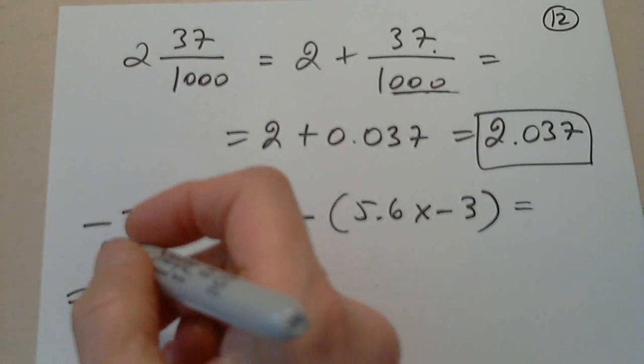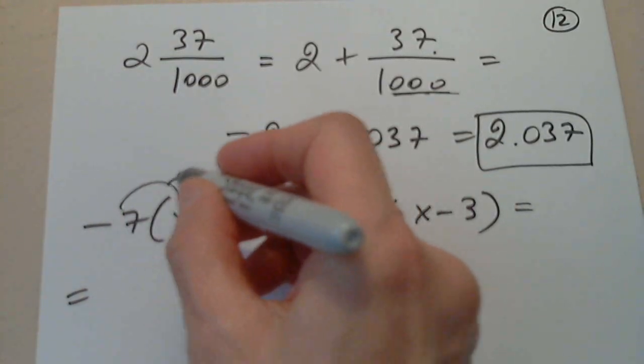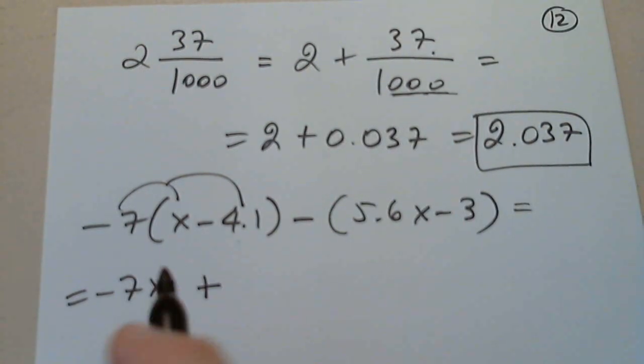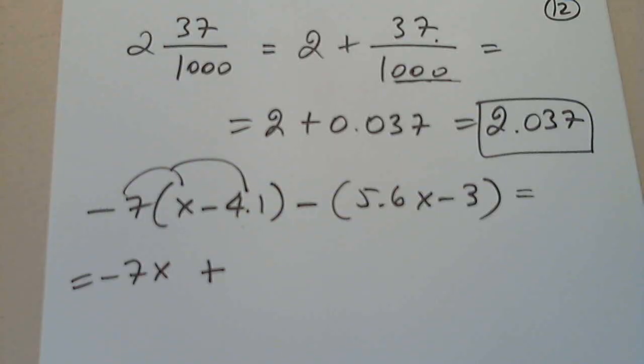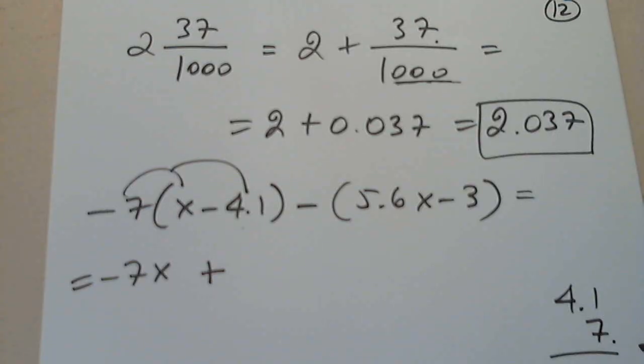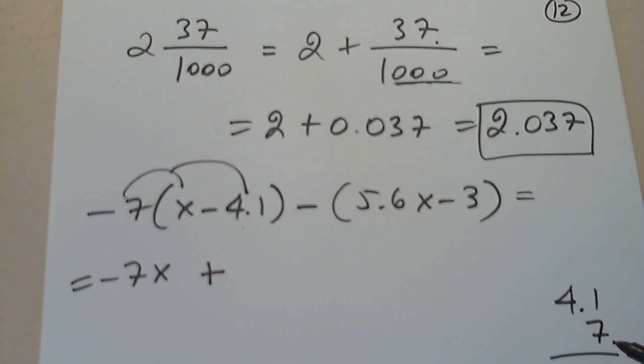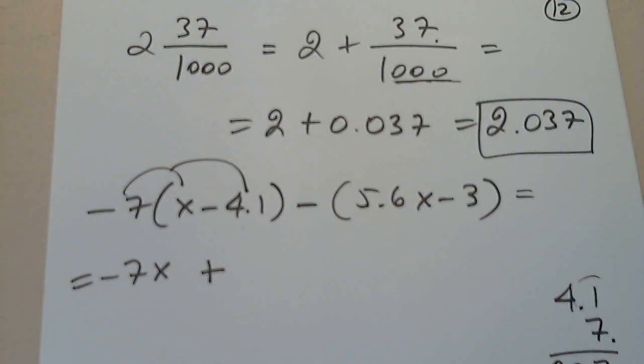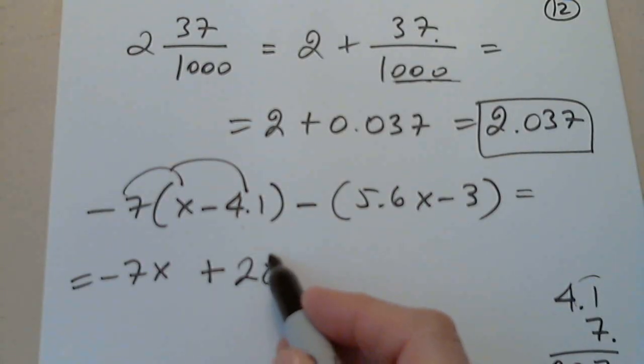Multiply -7 to x and 4.1. Good. So first of all, it's -7 for x, but then the next one is positive. Remember how we multiply 4.1 and 7. Decimal digits don't have to line up in a product. 7 times 1 is 7. 7 times 4 is 28. I count the decimal digits. I only have 1. So that's why the answer is 28.7.